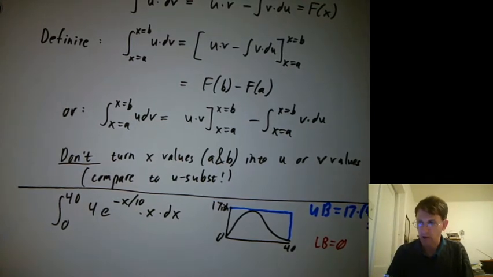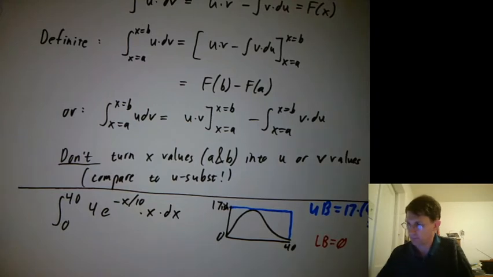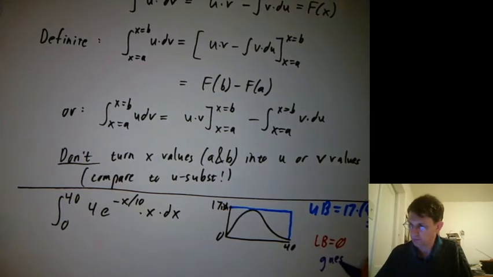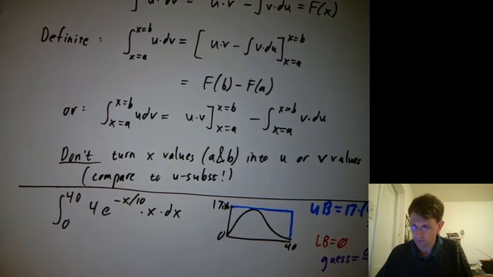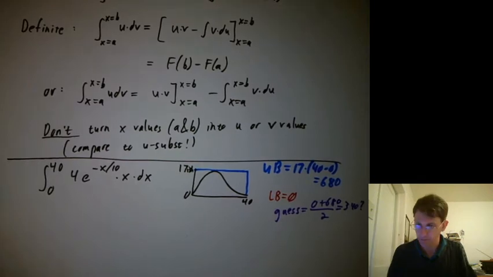And our guess would be about half that. Let's see. There we go. What is that? 340. And it's hard to say whether we think our guess is going to be higher or lower than the actual value.